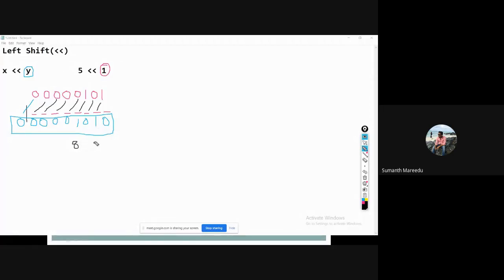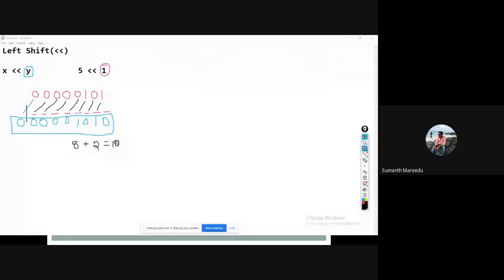So you sum up these, because the remaining are all zeros. So the value of 5, if you apply left shift by 1, is 10.